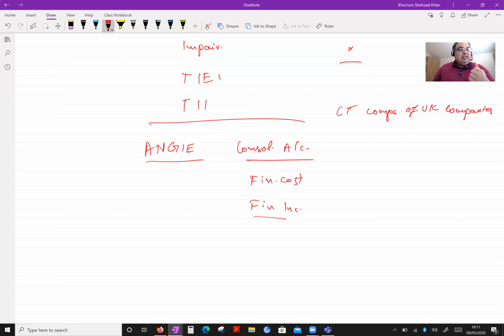So from a UK tax perspective, say for example a company is building a factory. The company borrowed money from a bank or another third party.